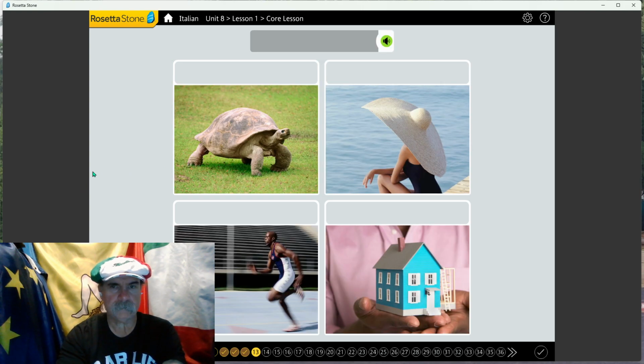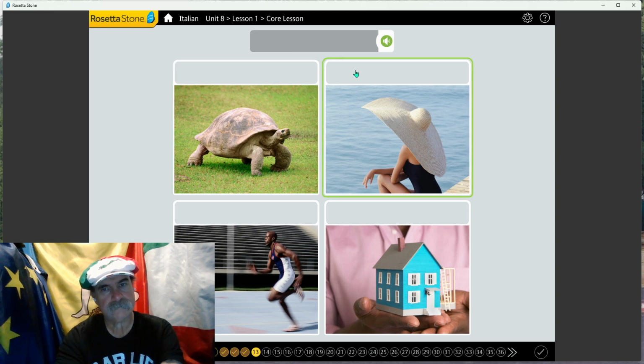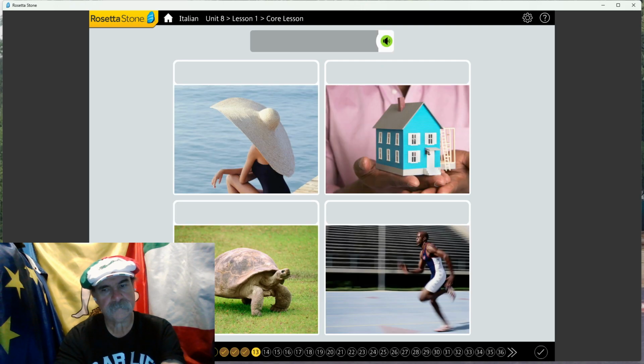Quest'uomo è molto veloce. Quest'animale si chiama Flash.